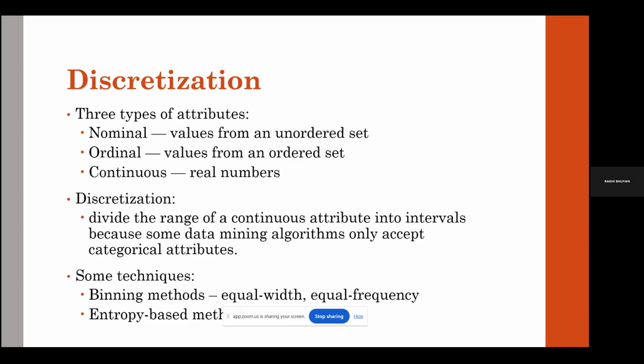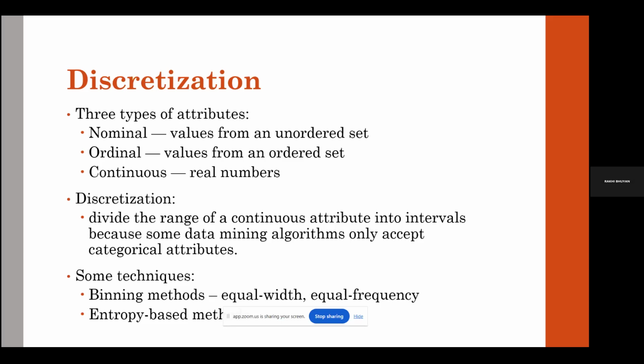Discretization means the process of converting continuous data into categories. The techniques are binning methods, where we divide the range of values into bins or intervals, or entropy based methods.